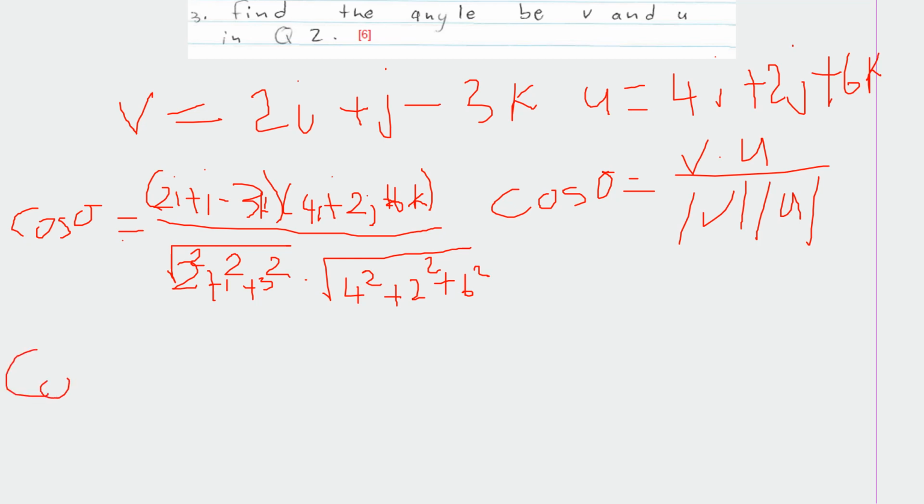So when you simplify your scalar product at the top, you remember you just multiply the ones with i, and then the ones with j, and then the ones with k, and it will not have a direction because it's a scalar product.